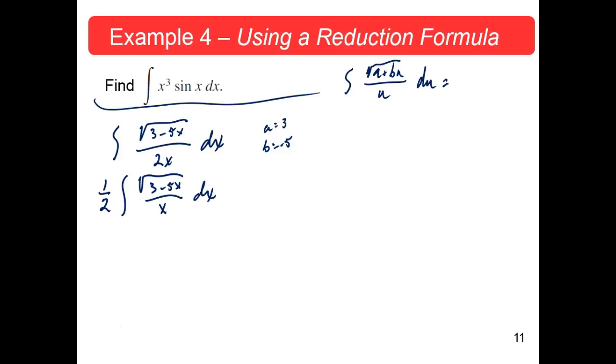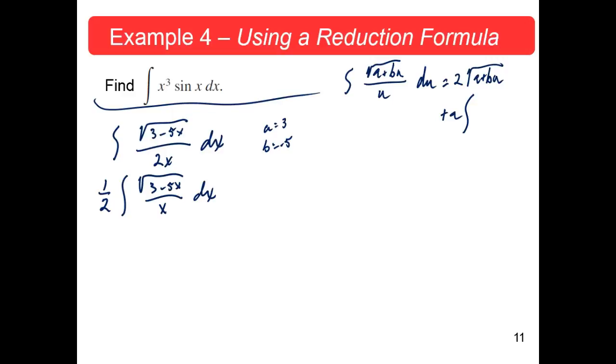That form is 2 times the square root of a plus bu, plus a times the integral. Oops, here comes the reduction formula.